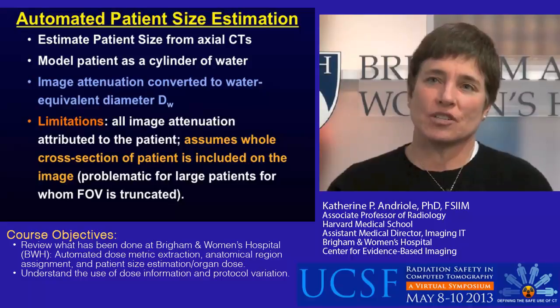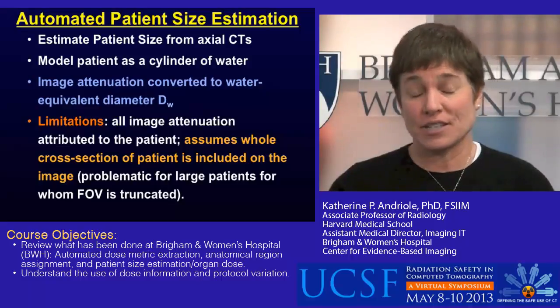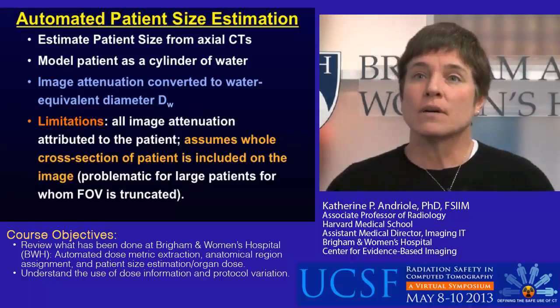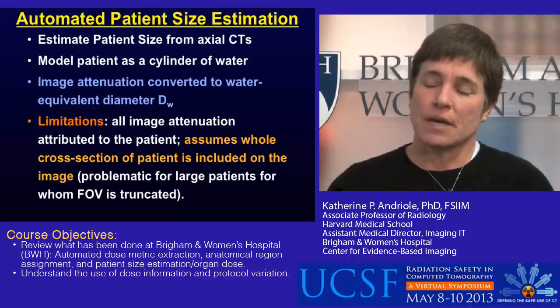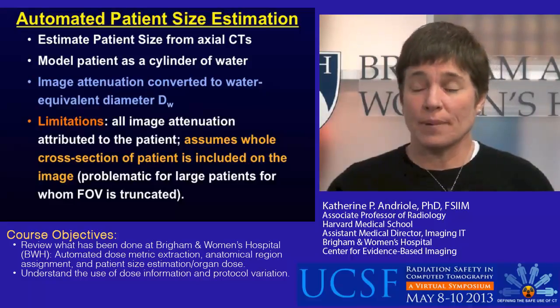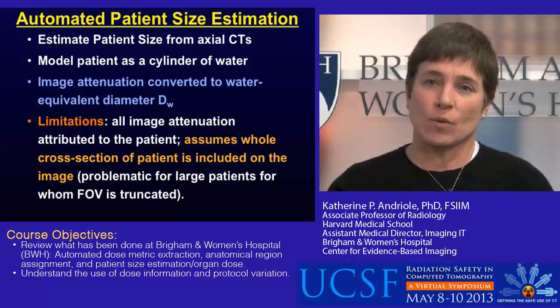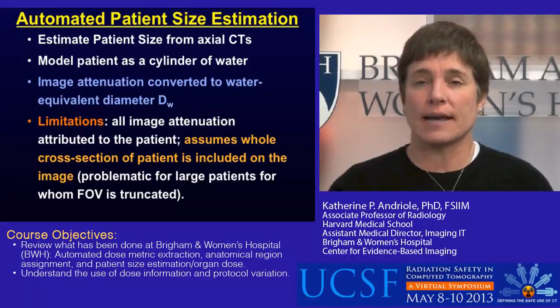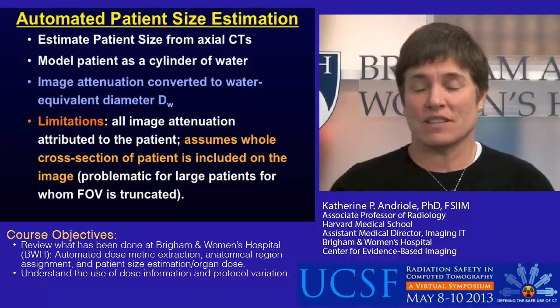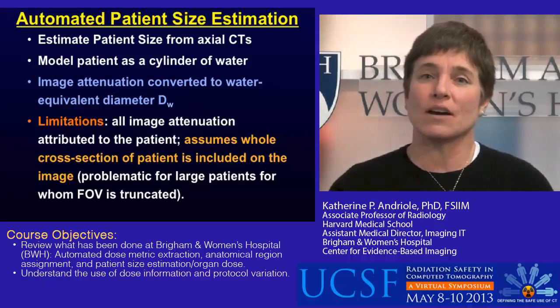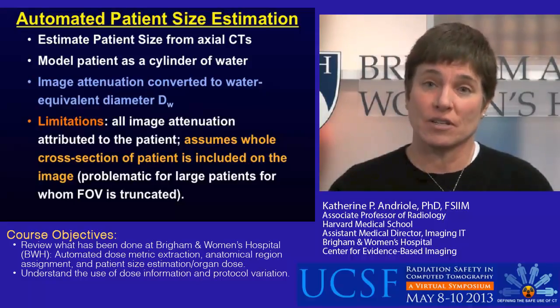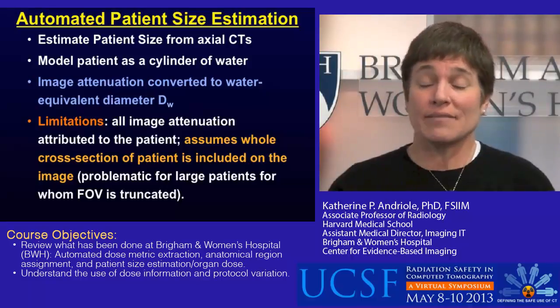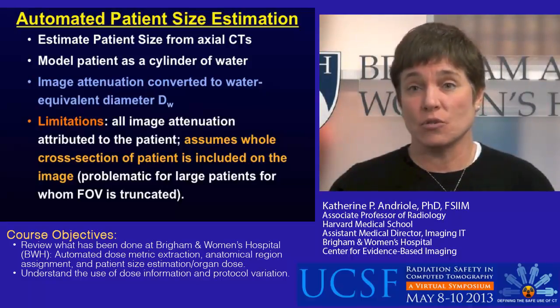To automate patient size estimation, we looked at axial CTs, and we decided to model the patient as a cylinder of water and converted image attenuation to water equivalent diameter. Now, the limitations of this methodology are that we assume that the whole cross-section of the patient is included on the image, and this may not be the case, as I'm sure you've seen.